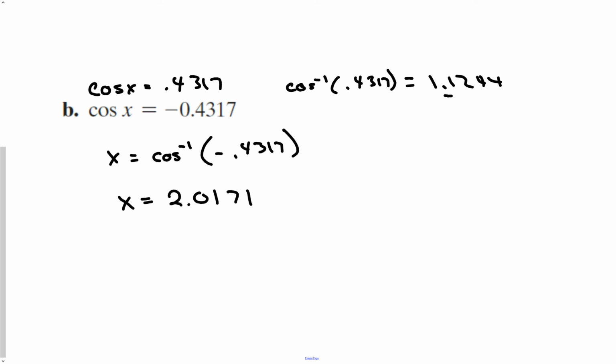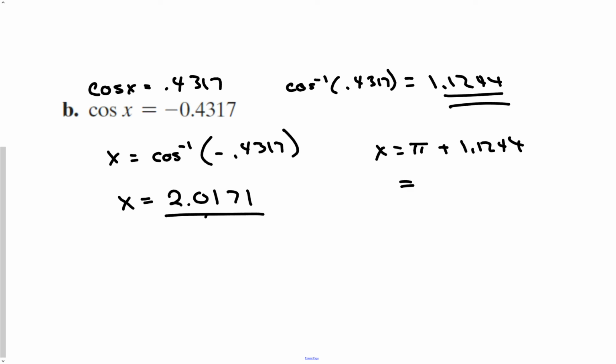Okay. This means that some angle in the first quadrant will be positive. Pi minus this angle will be the second quadrant angle. And then pi plus this angle will be an angle in the third quadrant where the cosine is also negative.